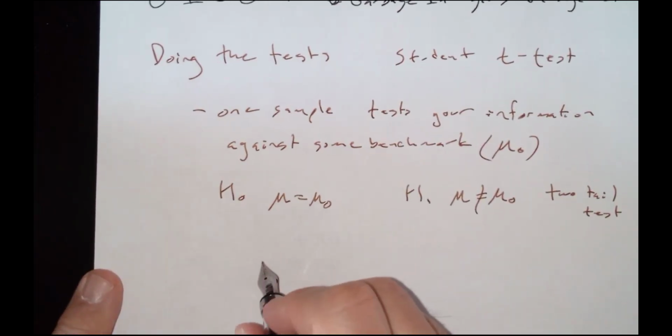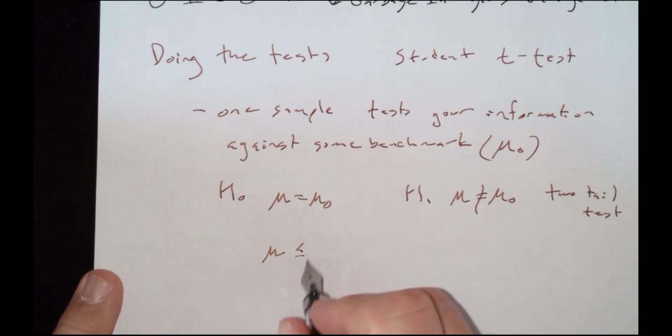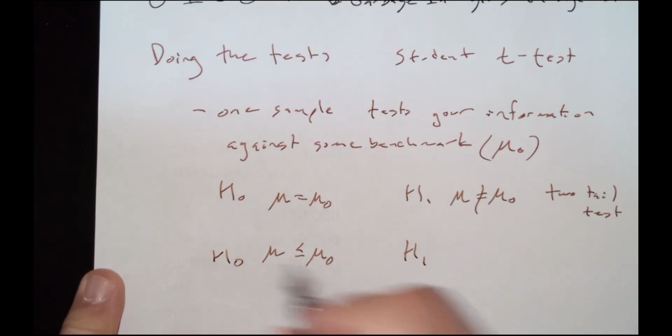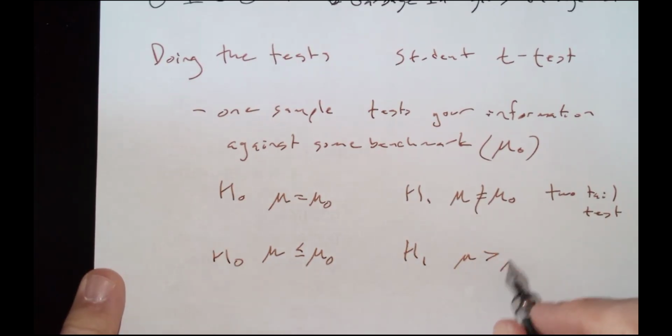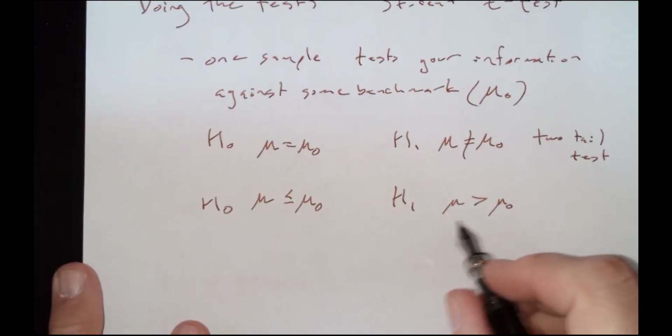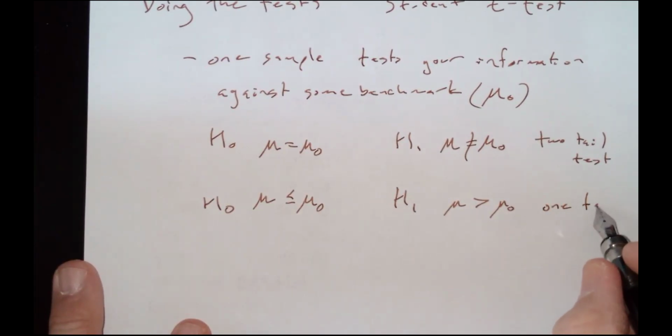I could say it's less than or equal to, in which case my alternate hypothesis is that it's bigger than. Again, since I'm only looking on one side, this will be a 1-tail.